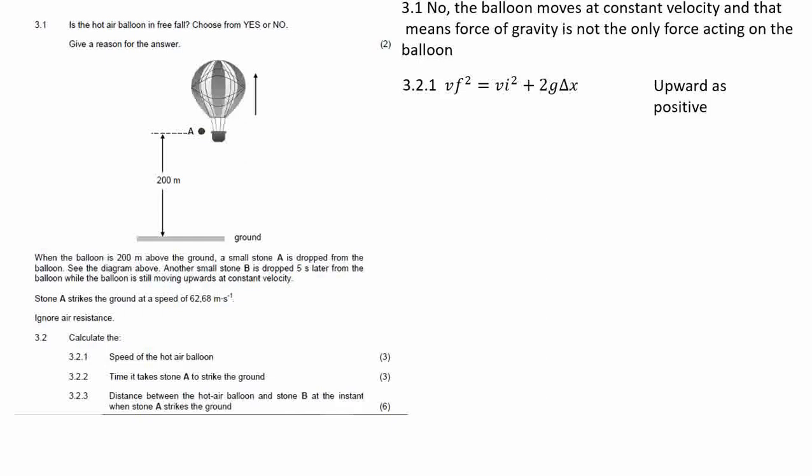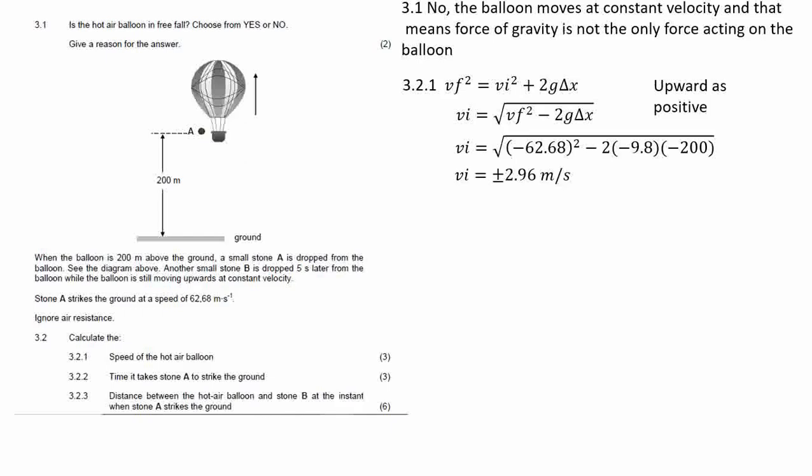Then we choose a formula suitable for this case, which is Vf squared equals Vi squared plus 2g delta x. We make Vi the subject of the formula, substitute, and get our answer, which is plus or minus 2.96 meters per second. We chose the positive answer because the balloon is moving upwards.